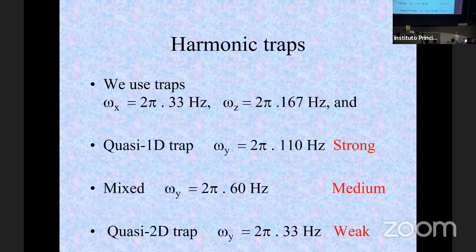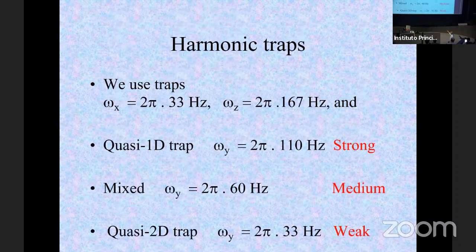We have 25,000 atoms, and this is the 1D trap at the top, the strongest trap. So you have 3 droplets. Then this is the mixed trap, which is weaker, the medium one. It's not so strong, so you see only 1 droplet formed.